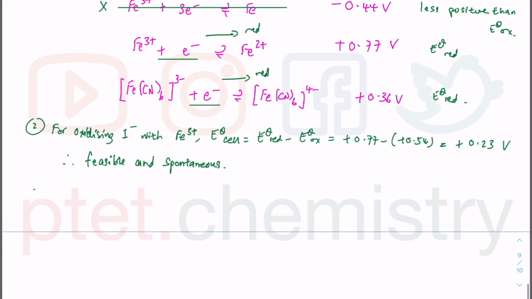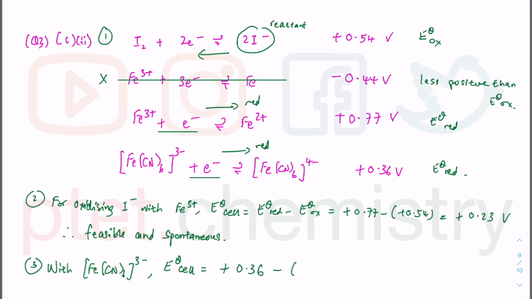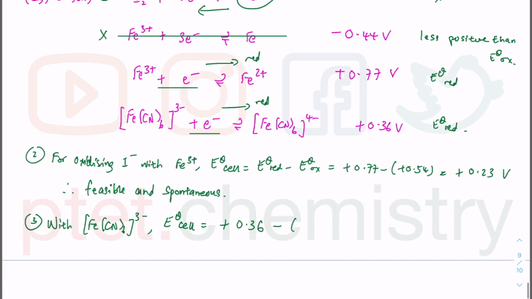When the E cell is greater than 0, the reaction will be feasible and spontaneous. On the other hand, with FeCN6 3 minus, our ERAT there is going to be that. If we want to use this to oxidize the I minus, that means this one gets reduced and gains electrons. So the ERAT is plus 0.36 minus your EOX, which is still the same, oxidizing the I minus going to I2, plus 0.54.